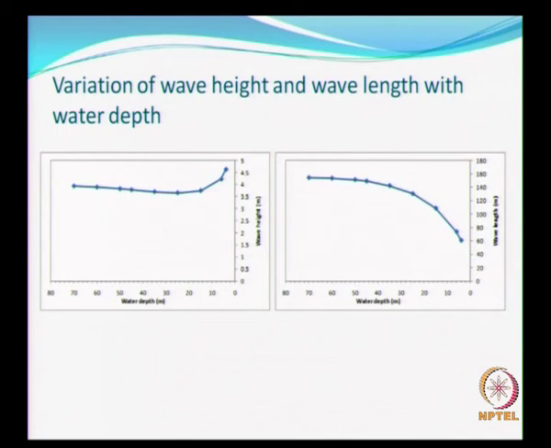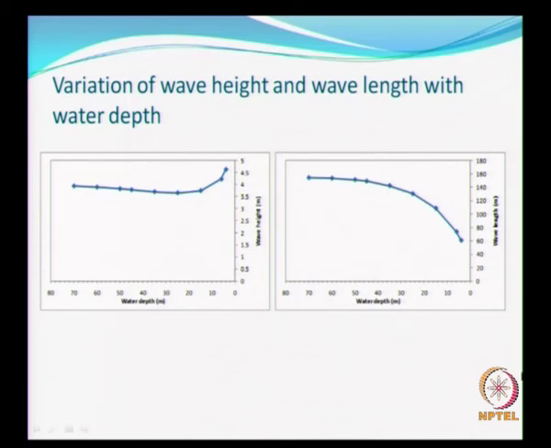Now, for the same problem, what I have shown here is the variation of your wave height from a water depth of 70 meters, and you see that there is a gradual decrease, and as you proceed towards the coast you see that there is a slight increase in the wave height, and somewhere close to the breaking condition the wave will break.